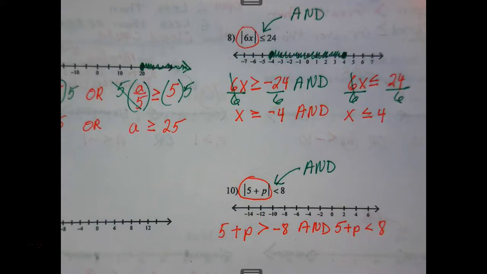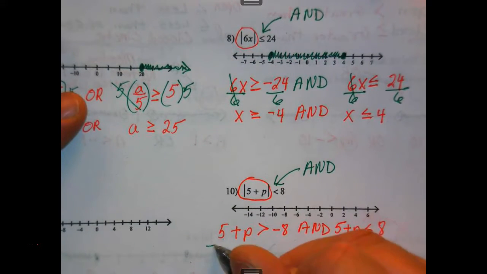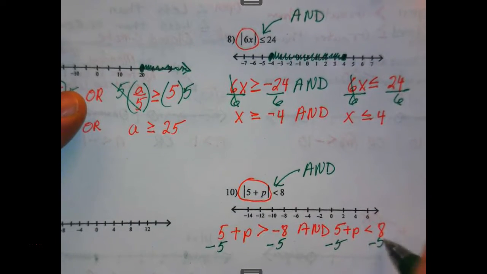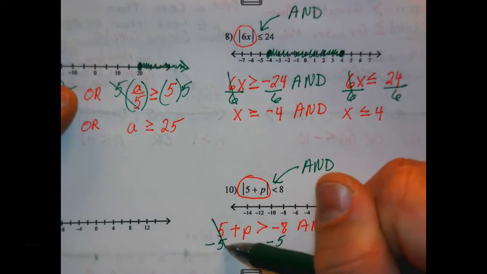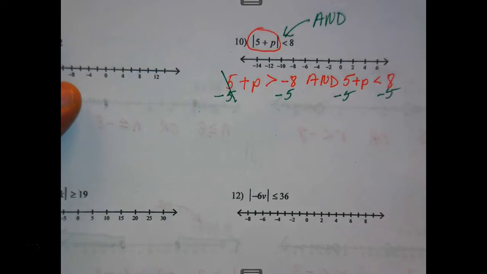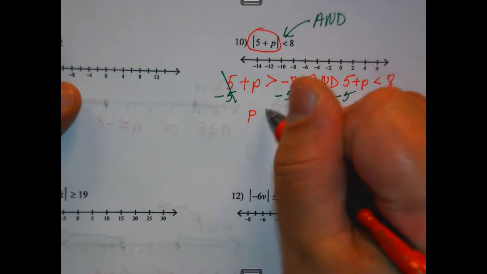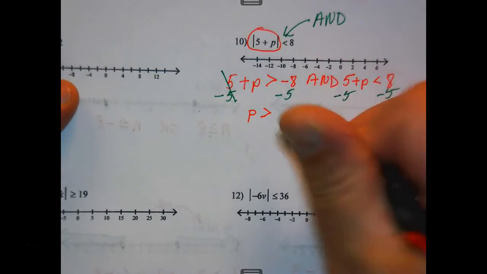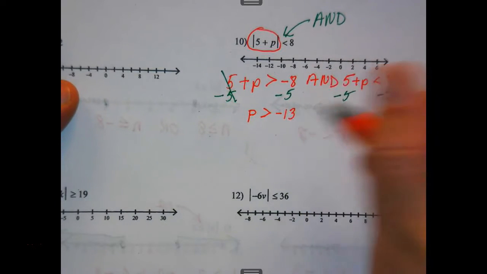Okay, solve for P. I'm going to subtract 5 from both sides. Okay, these add up to 0. I have P greater than -8 minus 5, -13.